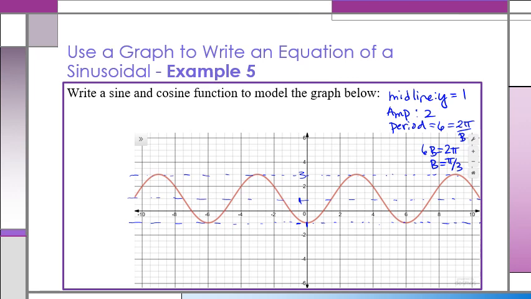So I'm going to say that the cosine function would be negative that amplitude, which is 2, times the cosine of my b value, which is pi over 3 x, and then my midline, that is 1.